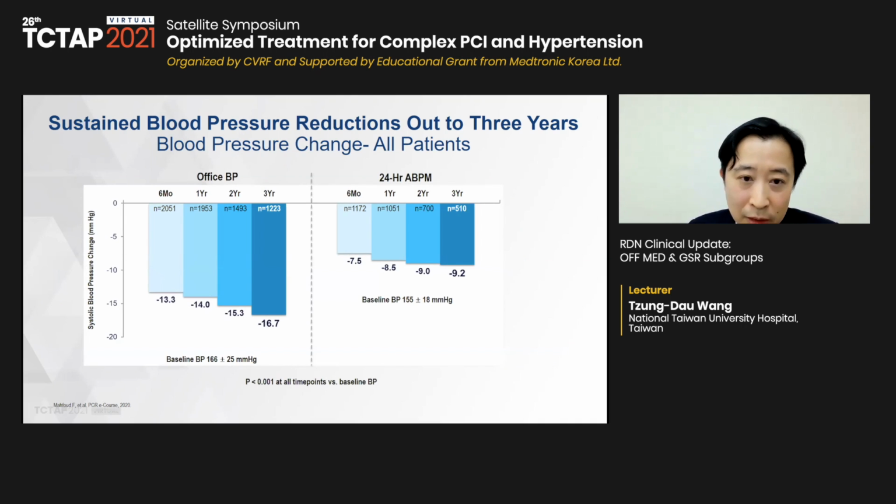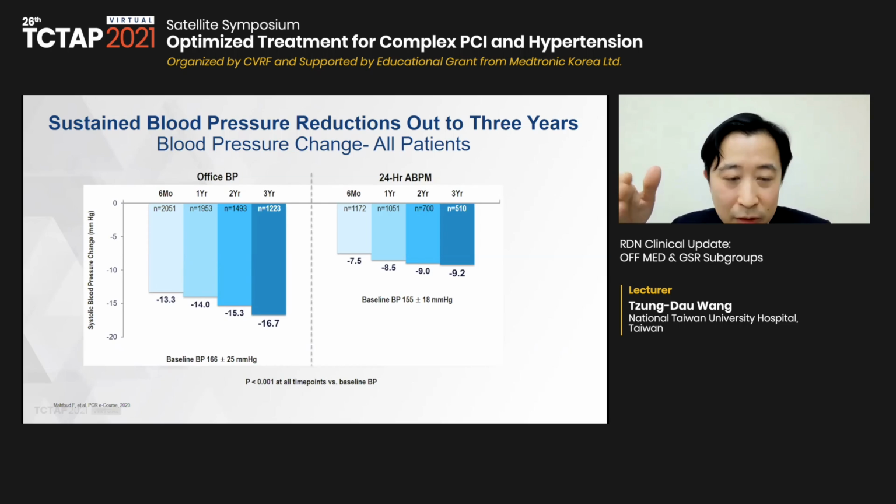The first is that the office blood pressure reduction achieved in the real world remains sustained over 3 years of follow-up. And the magnitude of office blood pressure reduction, as you can see, compared to the pivotal trial, is quite similar because, as I said, the blood pressure reduction progressively increases from 3 months to 6 months.